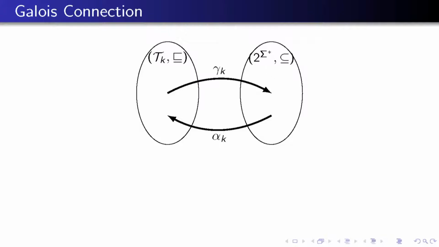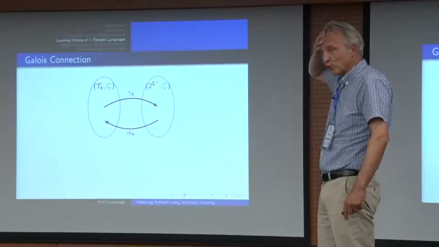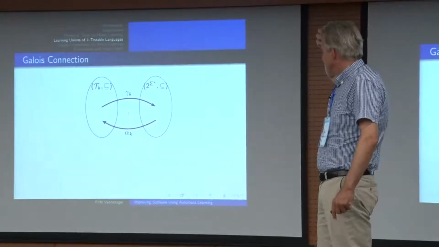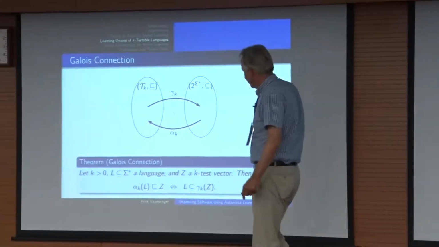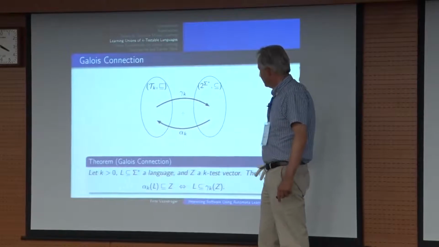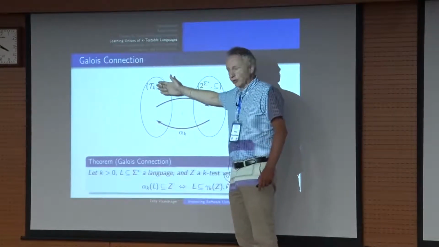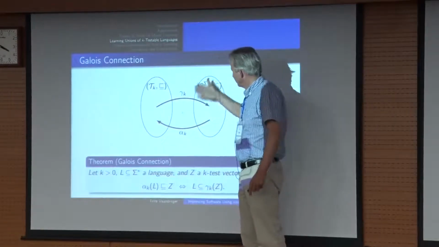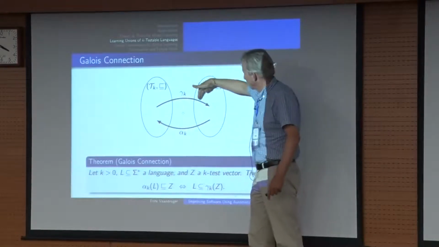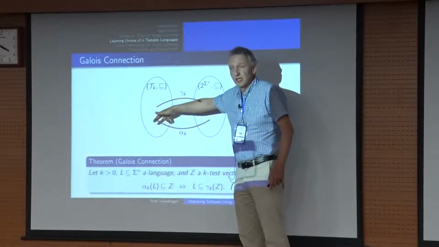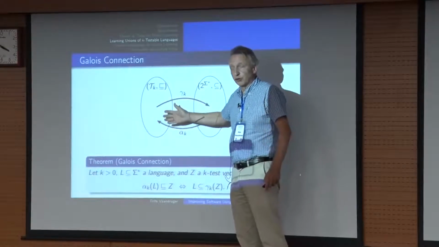Of course, for those who are familiar with this, it starts looking like a Galois connection. So we actually proved this is a Galois connection. So what does it mean? Well, for a Galois connection to exist, you need two partial orders. You need a function from one to the other and from the other to one. Both these functions should be order preserving.